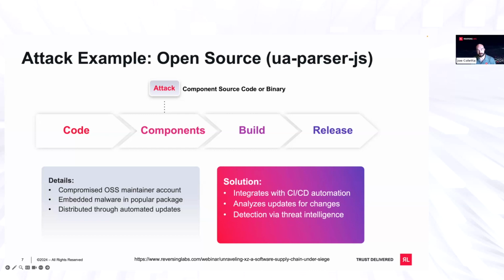So for the producer side, for those who are software developers actually shipping mission critical products to their customers, we're going to use an example from an open source package that some of you might recognize, UA Parser JS, which was a very popular JavaScript library that was compromised, I believe, late last year. In this example, an attacker essentially found a way to compromise the maintainer account.